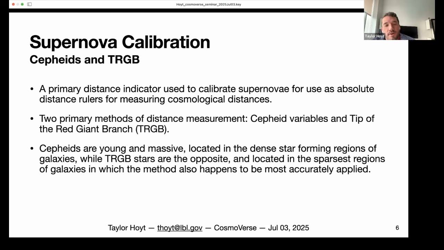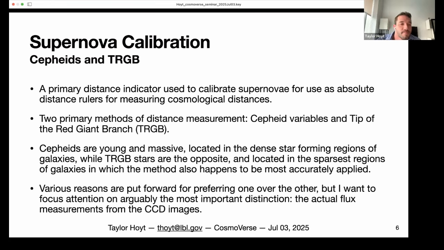They're located in dense star-forming regions of galaxies by necessity of their astrophysical nature. TRGB stars are the opposite. They are some of the oldest stars in galaxies and are located in the sparsest regions of them as well, or at least best isolated there.